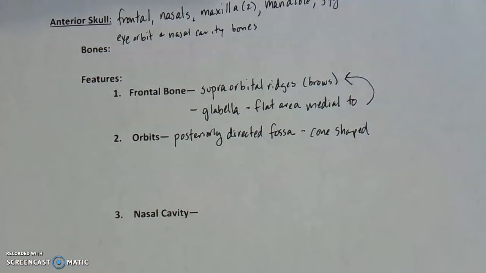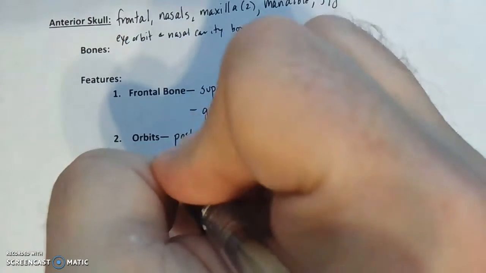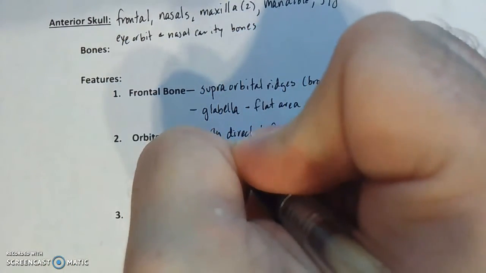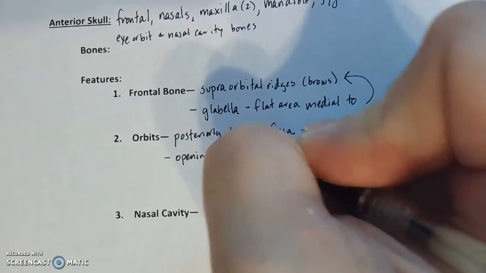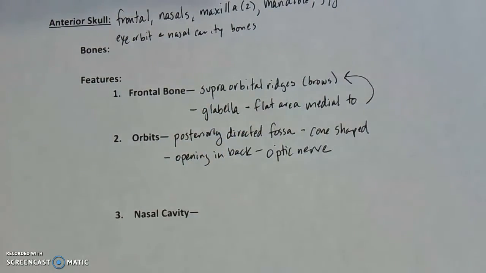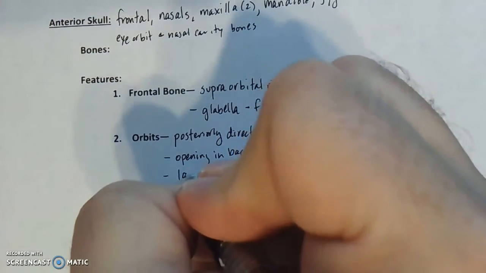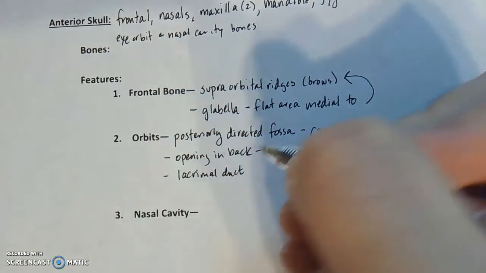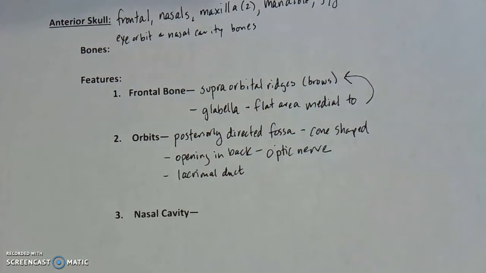So it actually shrinks towards the back and forms more of a cone shape. There is an opening in the back for the optic nerve to travel into the brain so we can see. We also have a lacrimal duct that allows tears to flow onto the surface.